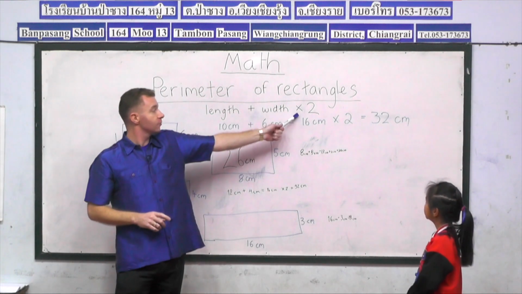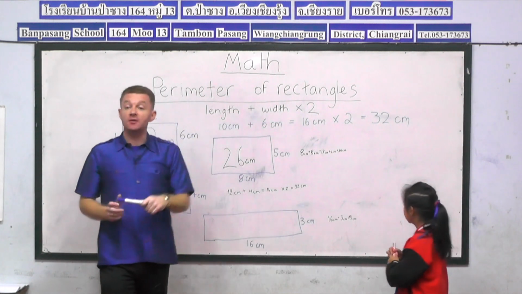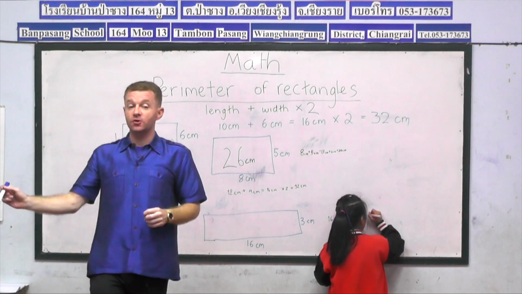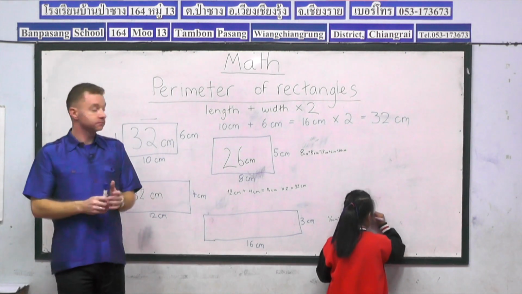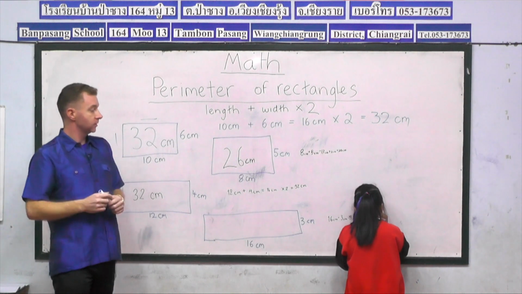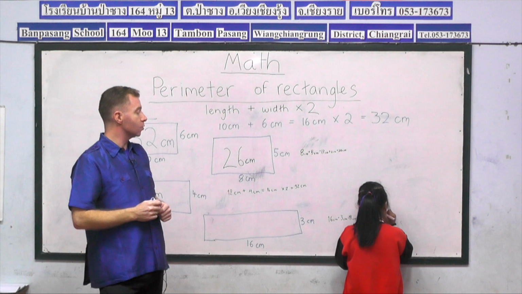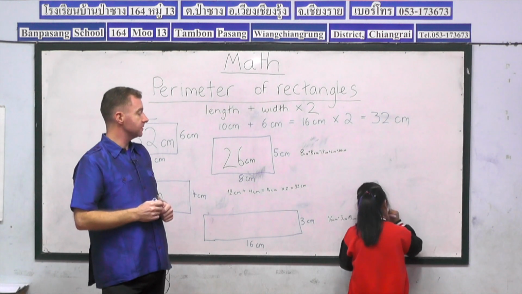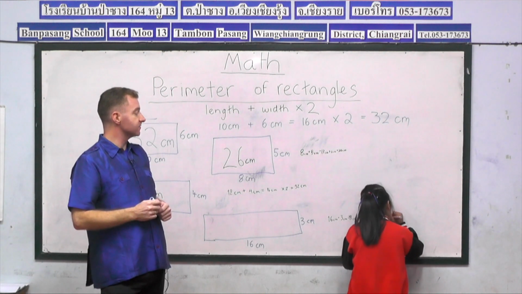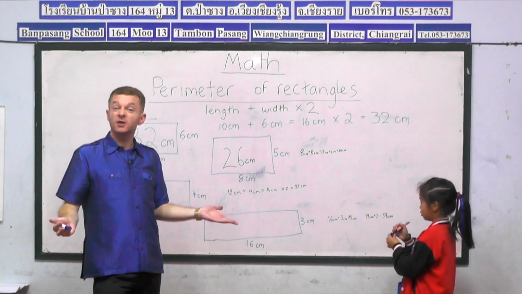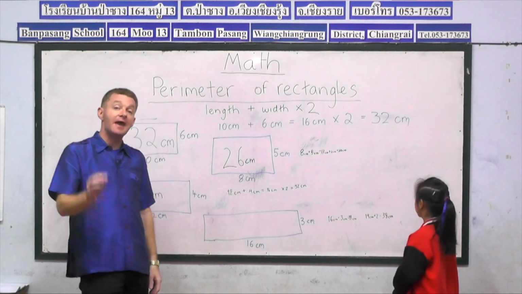What do we need to do next? Times it by 2. So 19 times 2 is how many centimeters? 19 times 2 equals 38 centimeters. Brilliant. You see, that's how we work out the perimeter every time.